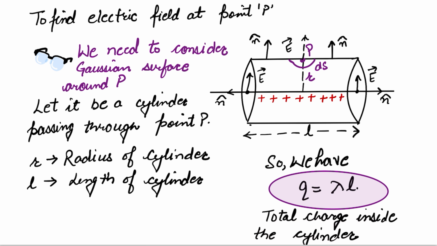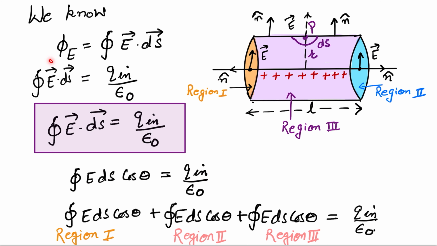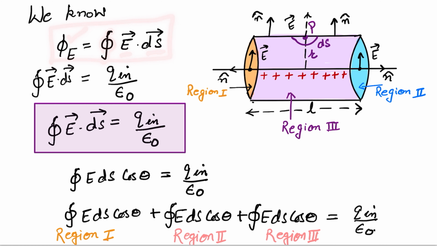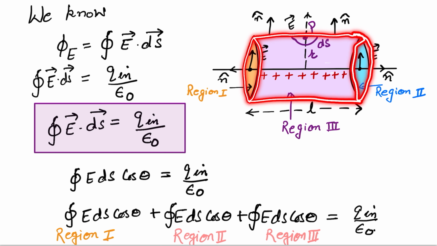So we know the value of total charge inside the cylinder, that is Q, which is the product of lambda and L. Now we know that Gauss law is electric flux phi E equal to the surface integral of the dot product of the electric field and the area vector. If we look at the cylinder, it can be divided into three different regions, right?